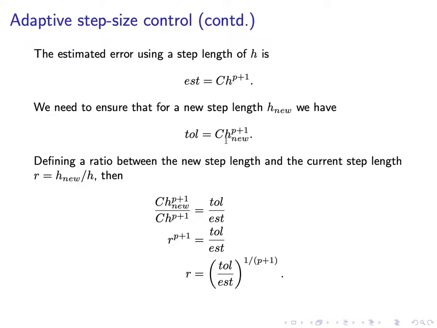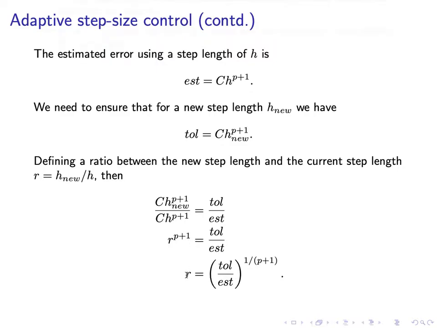What we need is a ratio between the new step length and the current step length. So if we let r equal h_new divided by h, we divide the right-hand sides of both of these equations. The top one was equal to tol and the bottom one was equal to EST. So that's r to the power p+1.